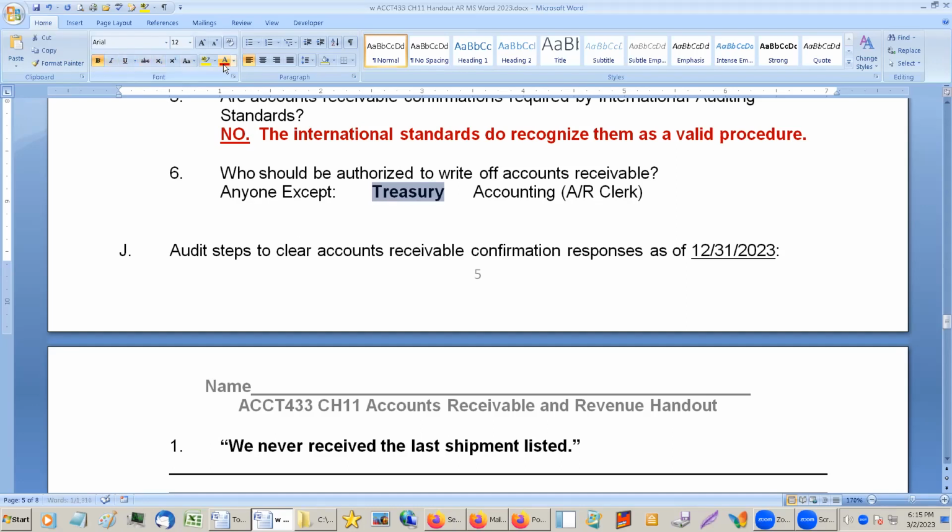And you say, well, why is that? Well, Treasury has control of the assets, the cash, so you don't want them to also control authorization.